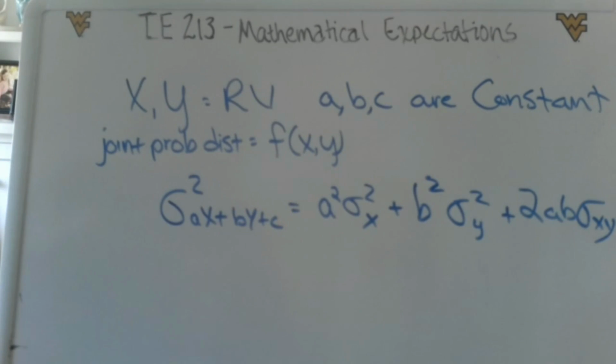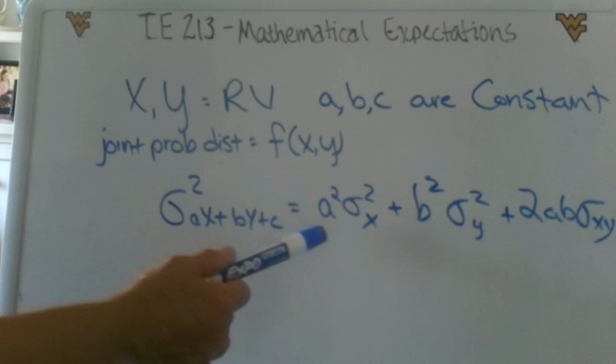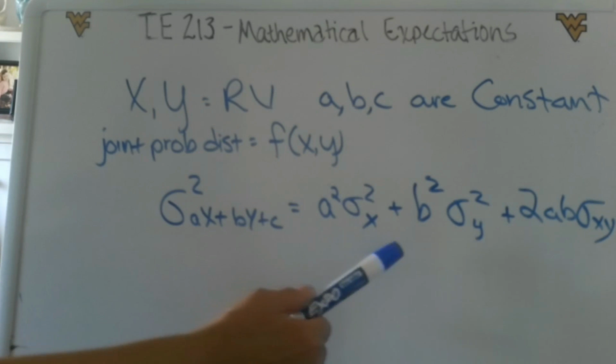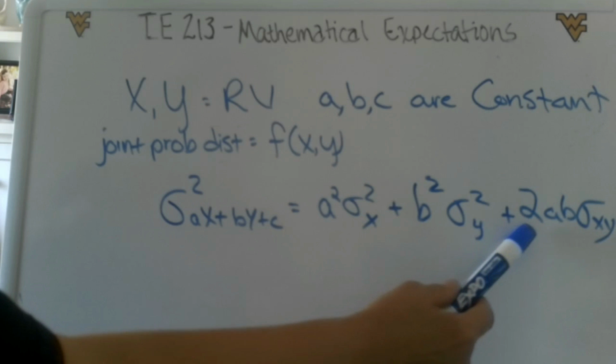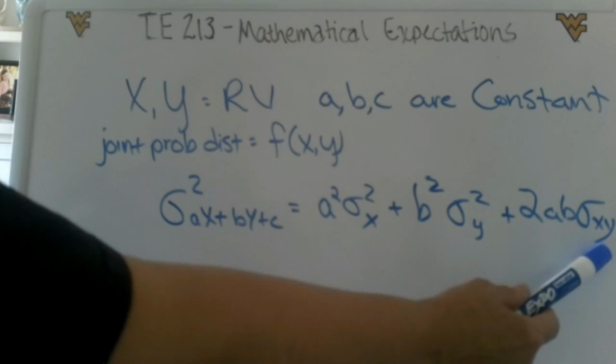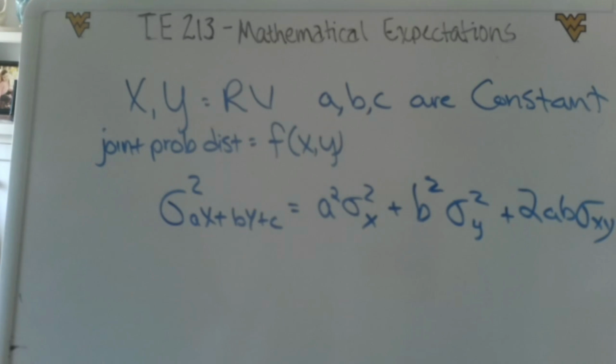So that equals a squared times the variance of x plus b squared times the variance of y plus 2 times ab times the covariance of xy.